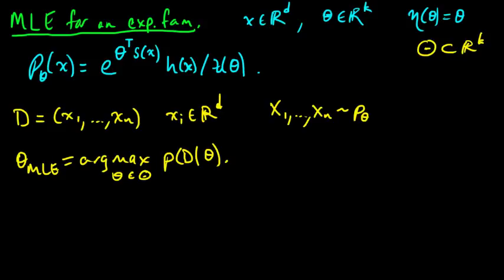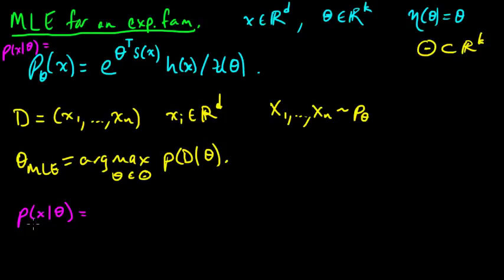Let's see if we can figure out an expression for this. Let's first look at a single x, some generic x in R^d, given theta. Well, of course, that's just by definition this thing. P of x given theta is this.